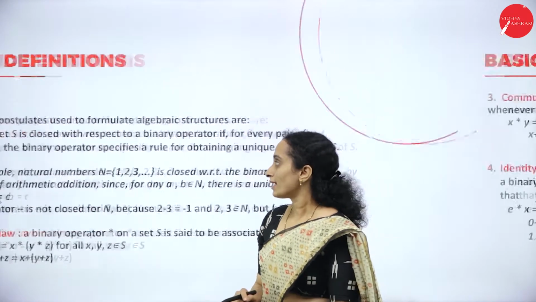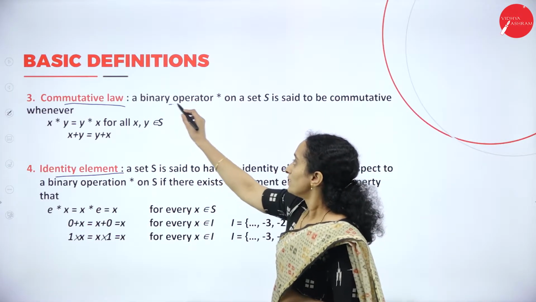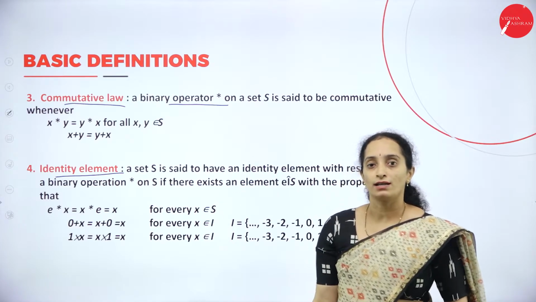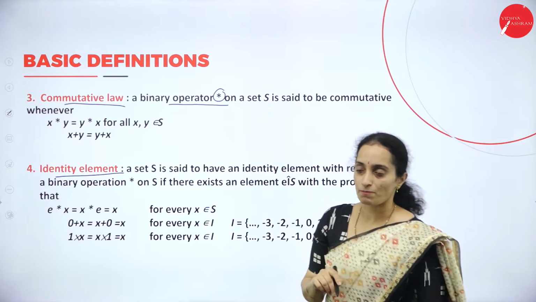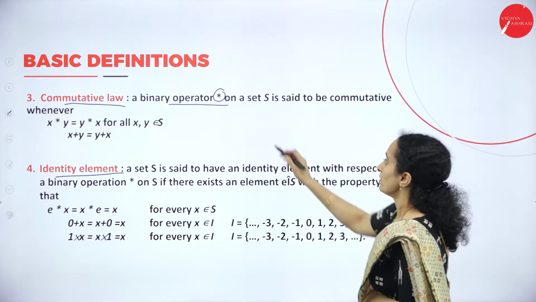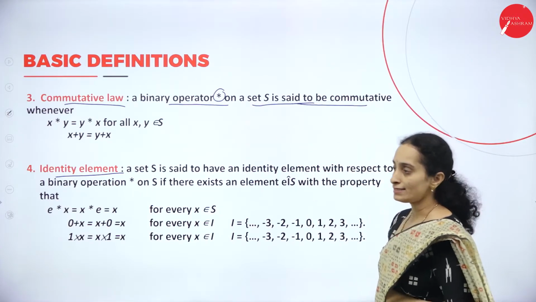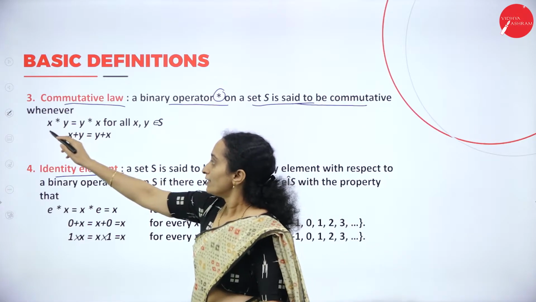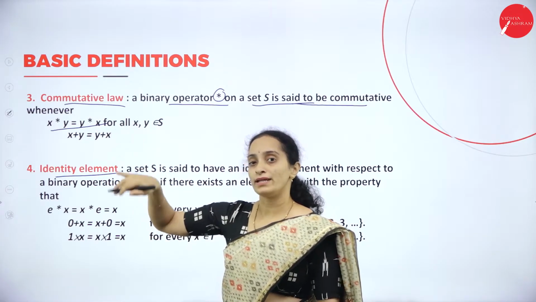The next law is the commutative law. Here again, the commutative law is explained with the help of the multiplication operator. A binary operator multiplication is said to be commutative with a set S when it holds the expression x into y is equal to y into x.